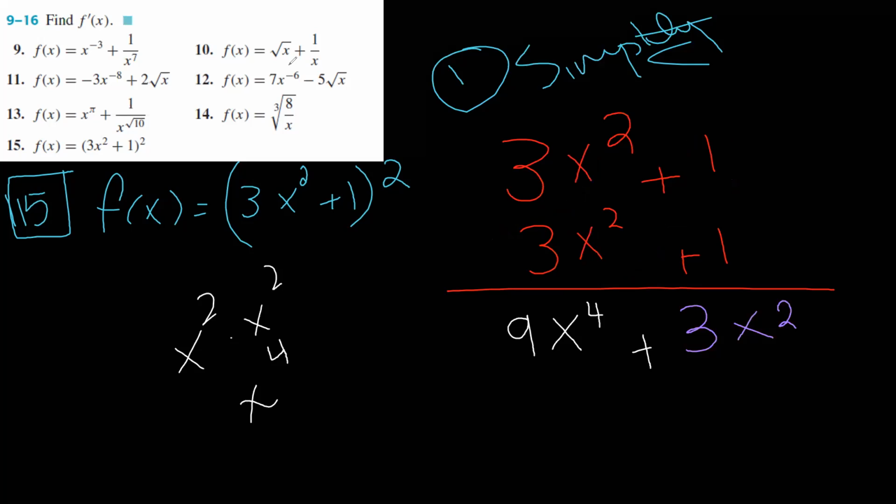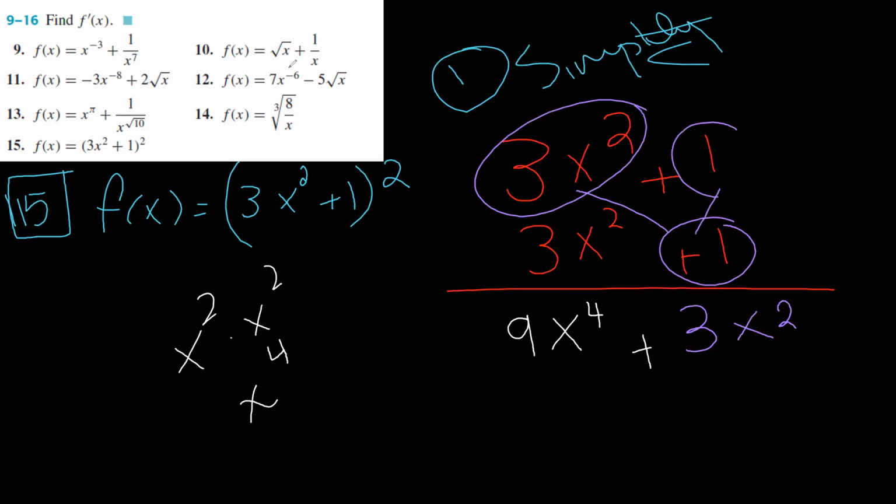Now I will multiply the second term, which is 1. The first time by 3x squared and the second time by 1. So plus 1 times the 3x squared will be the same, 3x squared. And 1 times 1 will be 1.